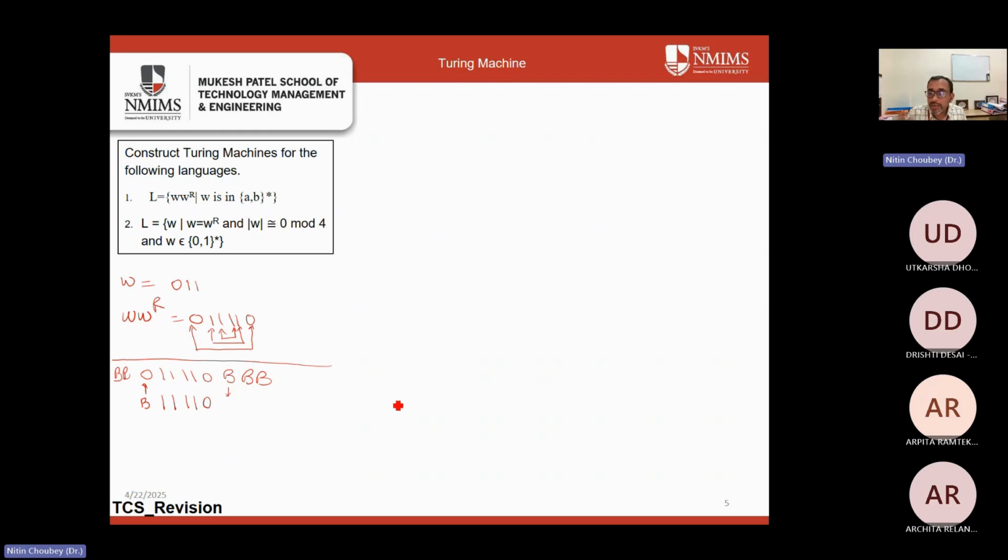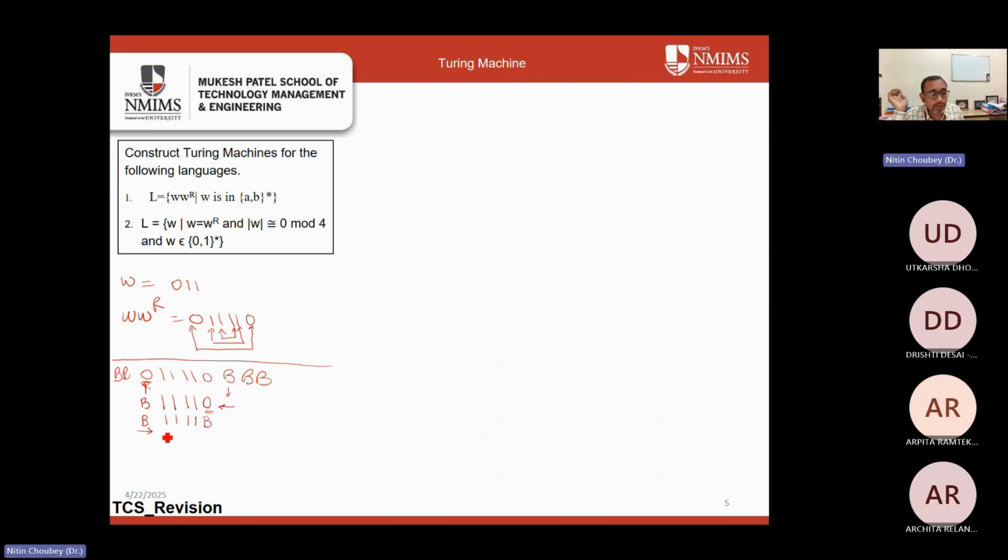This will indicate that we're at the rightmost place, after the working area. Once we get this blank, turn the direction and check: is it the same symbol which we replaced earlier with blank? Since it was 0 and this is also 0, we'll replace this 0 with blank. And we'll again come back to the starting of the input.